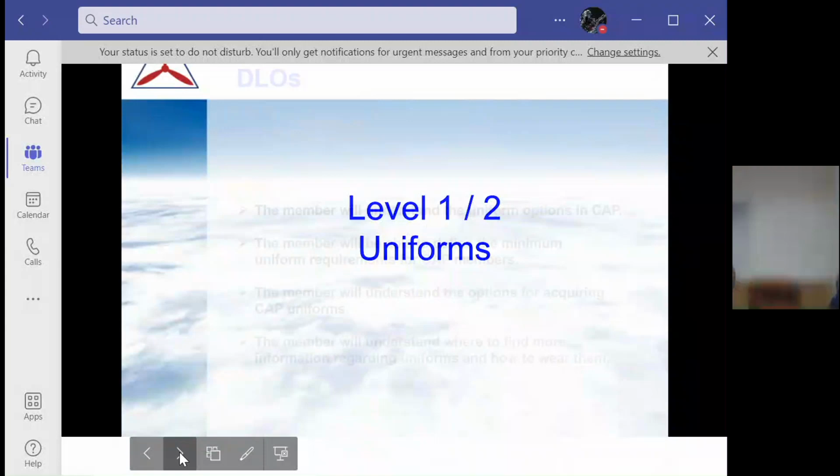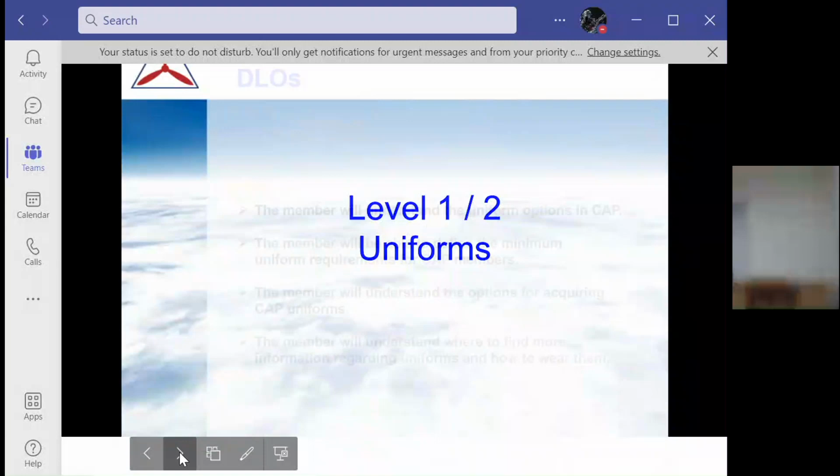As a senior member, what is your role in ensuring proper uniform wear? First and foremost, wearing it properly yourself. Set the example. Yep. What questions must you ask yourself when faced with a member wearing the uniform improperly?